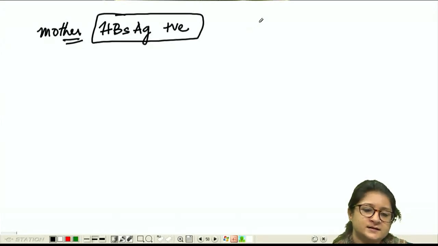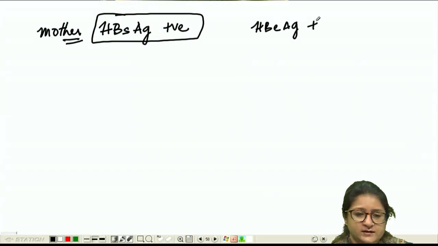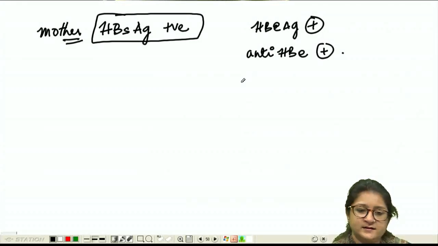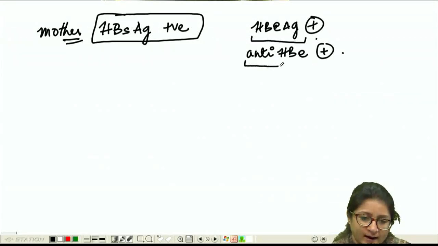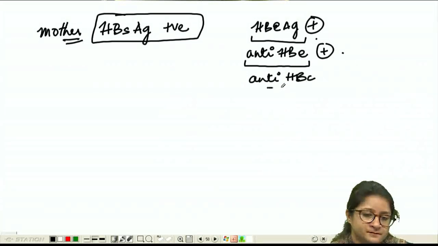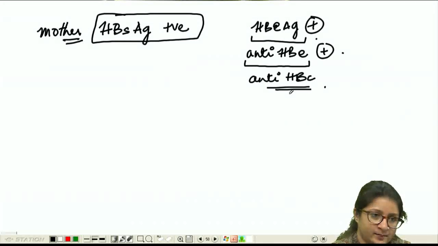Other than that, we are concerned whether she has HBe antigen positive, whether she has anti-HBe positive. These are two very important characteristics we have to see. We have to check her HBe antigen, we have to do her anti-HBe, and we also do her anti-HBc, to see which phase of chronic hepatitis she is in.